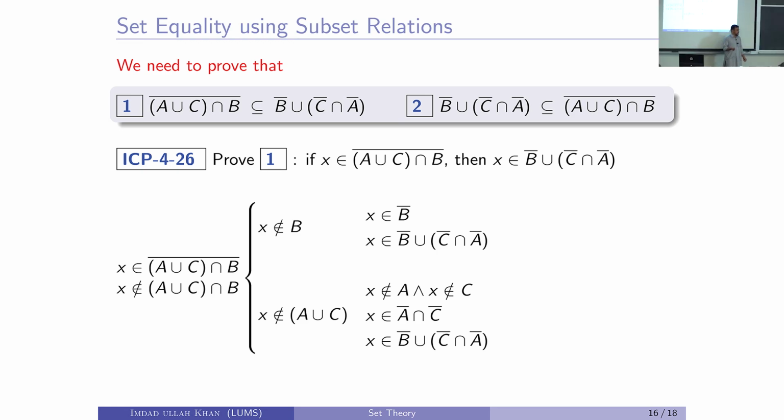Make sense? Yes? Now again, if X is in P, then X is in P union Z. What should be Z in this case? X is in B complement union. I would say that, okay, if X is in A complement intersection C complement, then X is in B complement union A complement intersection C complement.